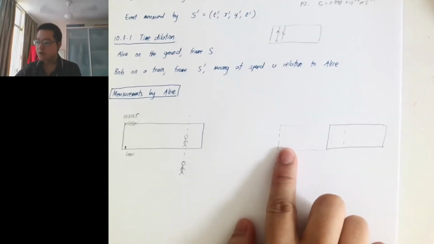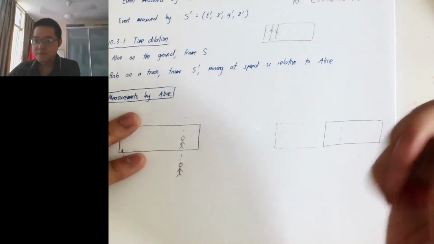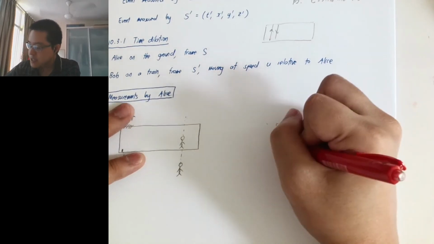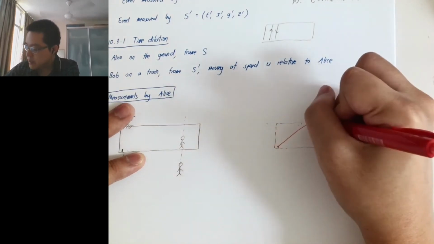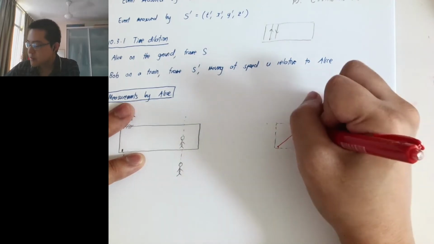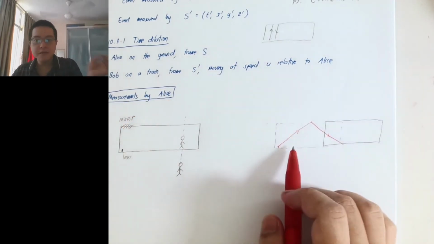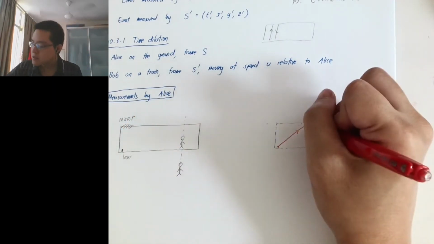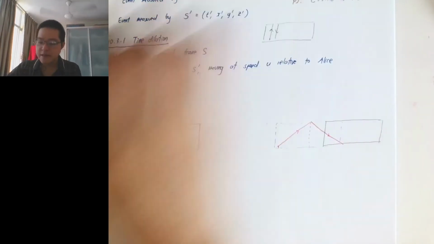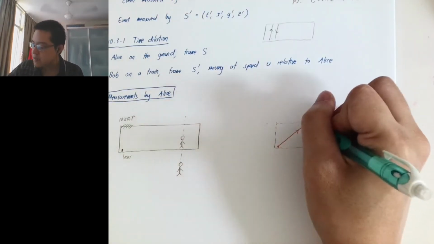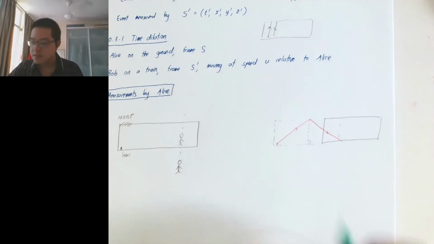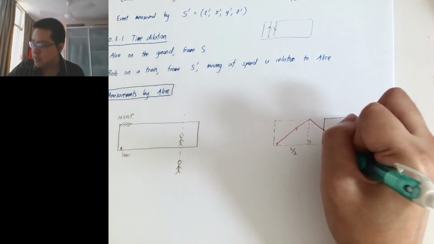So originally the light started from here, from the laser, and then it shone towards the mirror, and then it comes back on the train. So the light will travel in this direction, and the distance traveled by the light, if you look at this, is two triangles. So this is L over 2, this is L over 2.